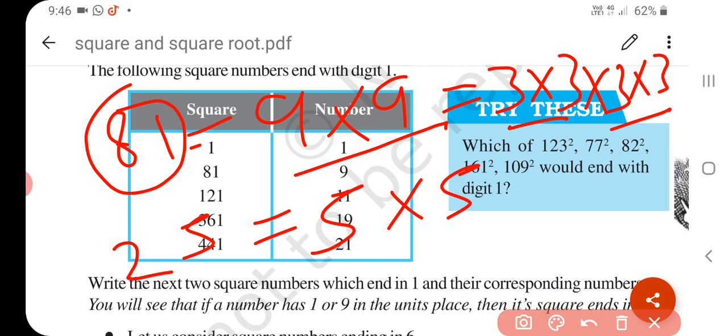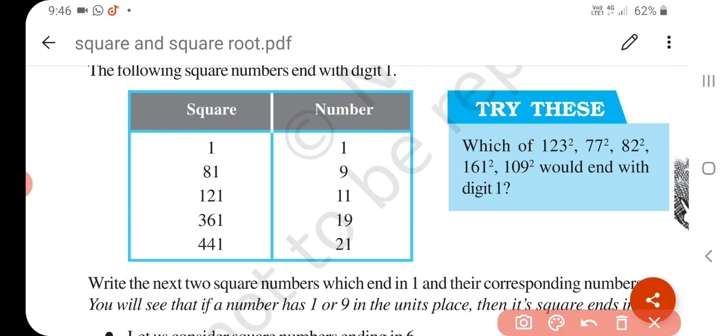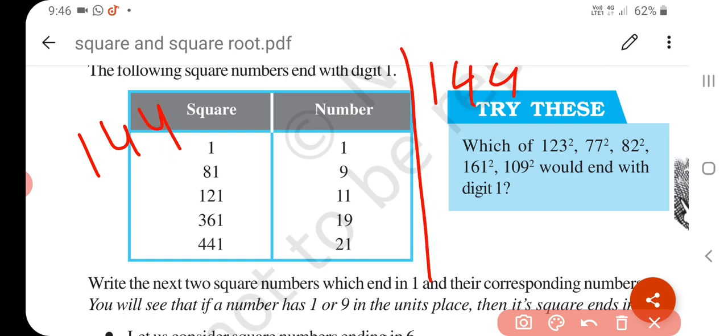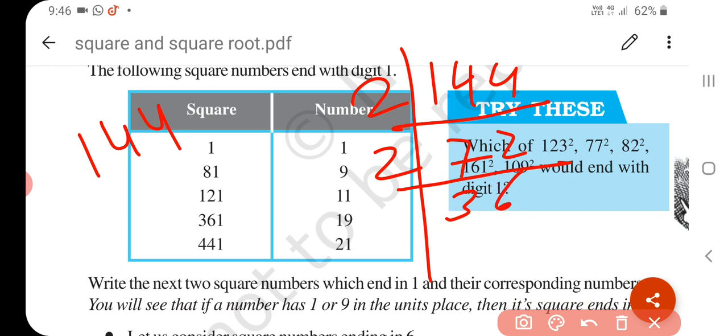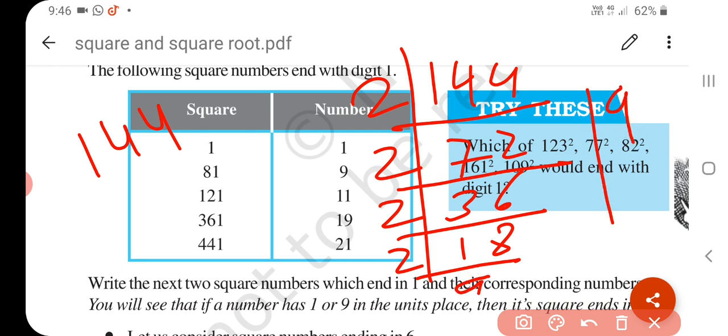Understand? If we talk about 144, then factorizing 144 gives 72, now again 36, now again 18, now again 9. So 9 can be written as 3 and 3.